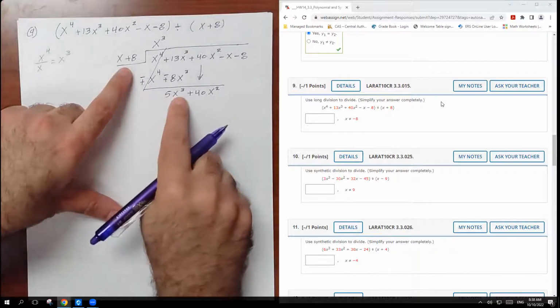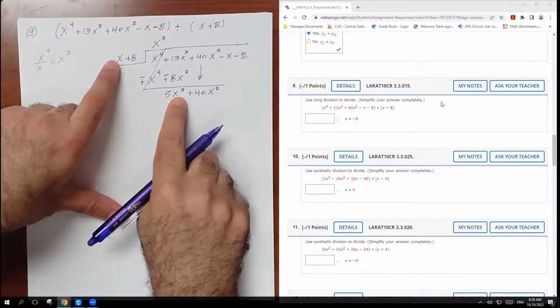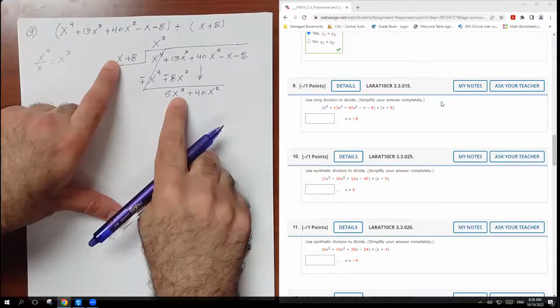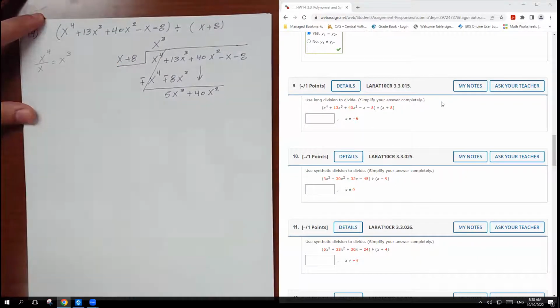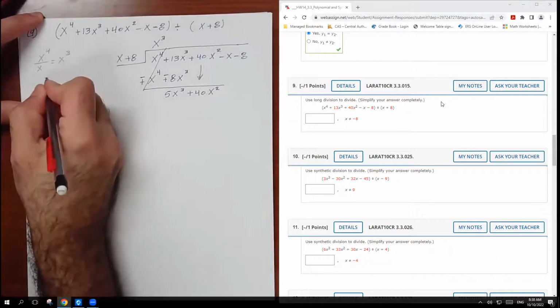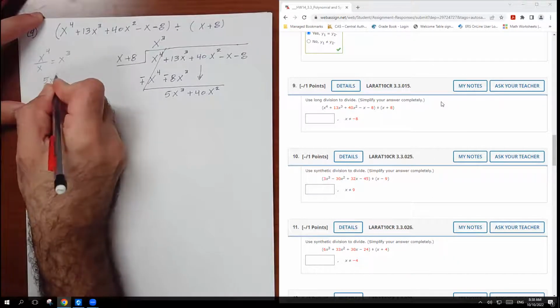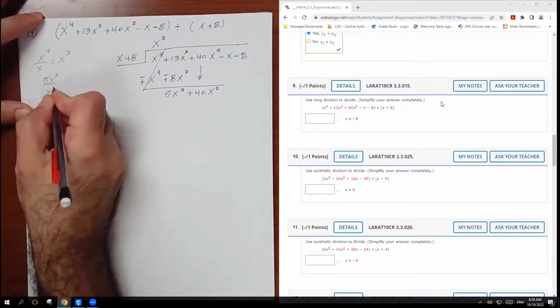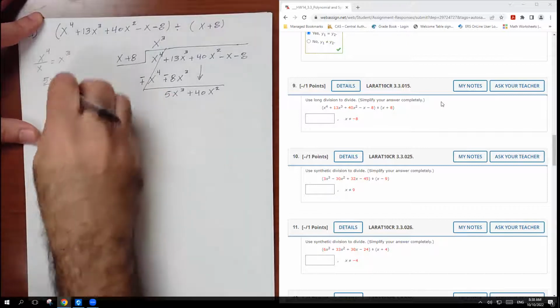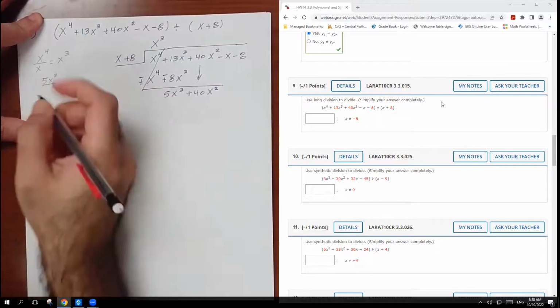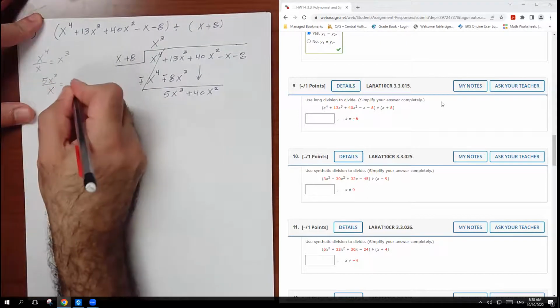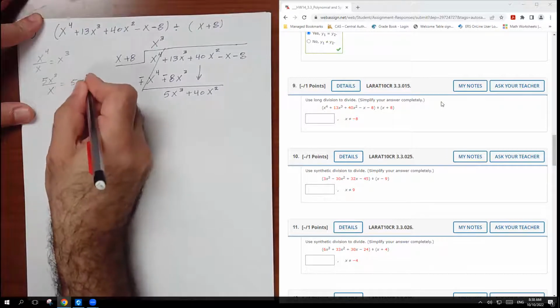I'm going to keep going and do exactly the same thing. 5x cubed divided by x is going to be, you can do it on the side, 5x cubed divided by x, it's going to be 5x squared.